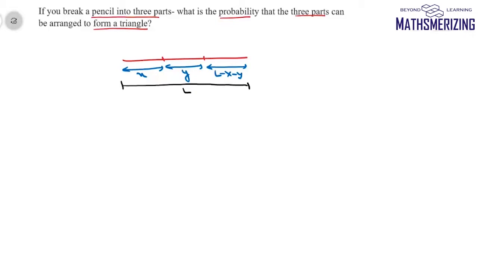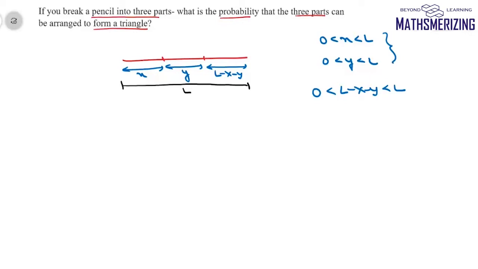Now first we'll find the uniform sample space for this given condition. So we know that X should be greater than 0 but less than L. In the same way, Y also should be greater than 0 but less than L. And for the third one, 0 is less than L minus X minus Y, and it should be less than L. Now here we know that X and Y are both positive.